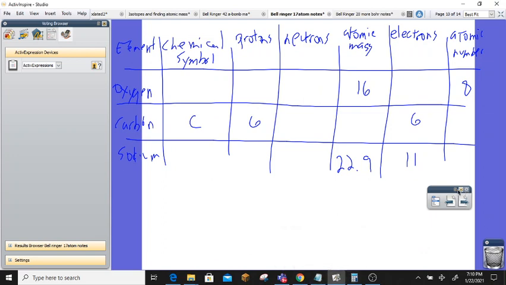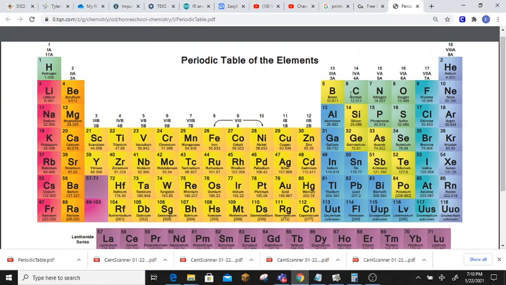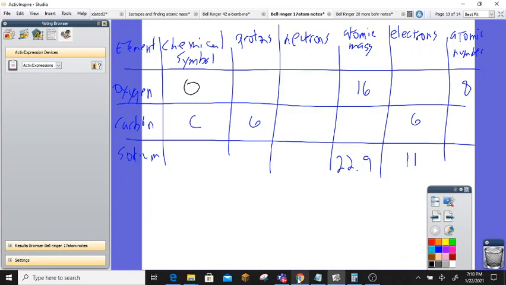The protons and the electrons are the same, right? If we look at the protons and electrons, it is the top number, 8. That is also the atomic number.